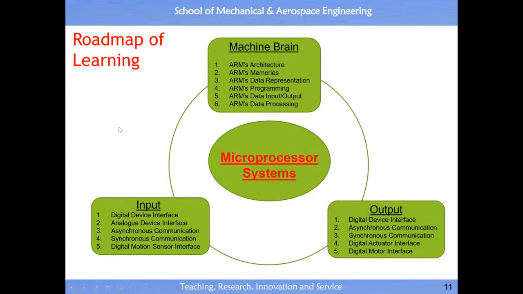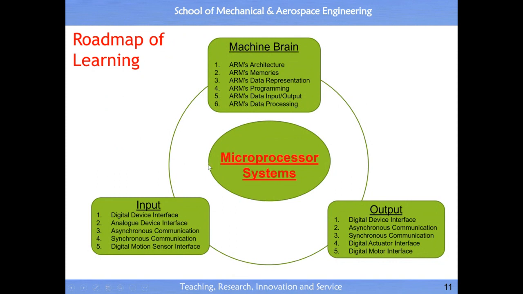And what are you going to study in this course? This course is structured into two parts. The first part is about the software, how to operate the microprocessor system. And the second part is about the hardware, which will allow you to know how to interface a microcontroller with external devices. The interface has two parts.